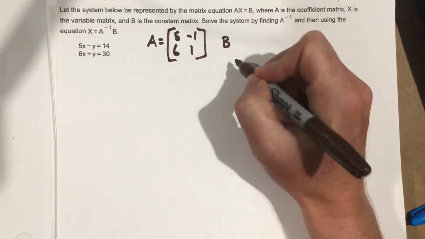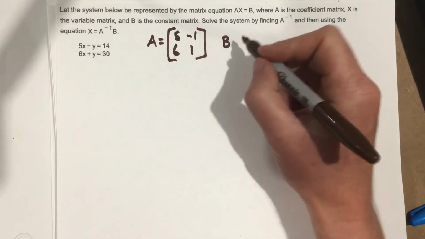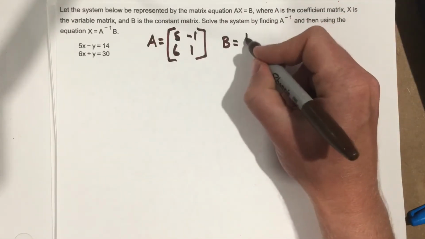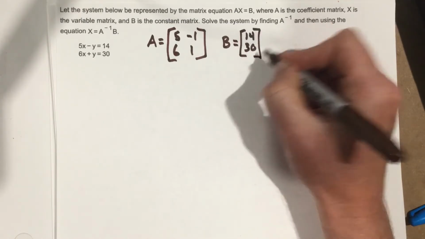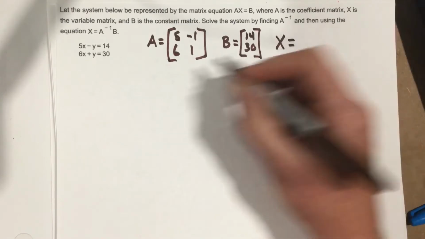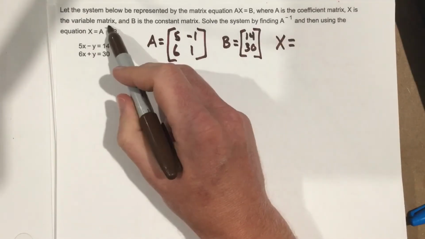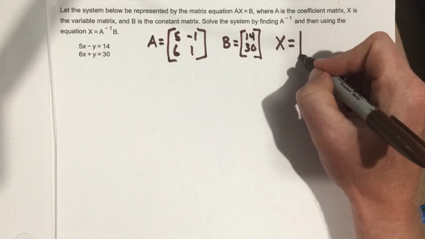B is the constant matrix, which is 14, 30. And X is the variable matrix. Don't get it confused with little x. X is the variable matrix, which is, in our case, we got two variables, X and Y, so it's XY.